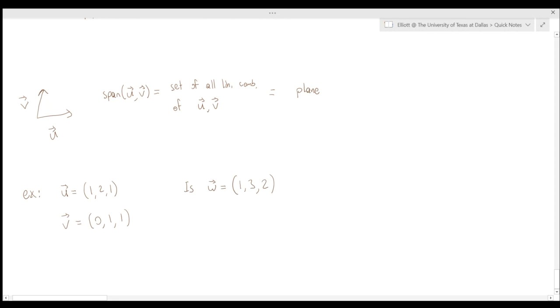So if I have this vector w, I want to ask, is w a linear combination of the vectors u and v?